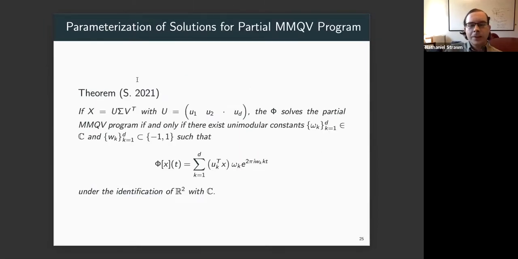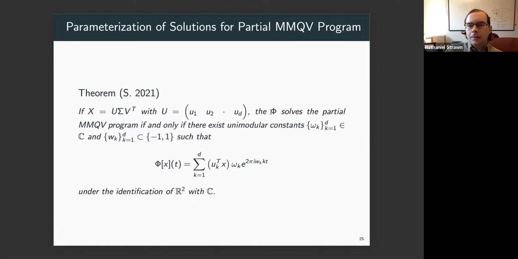So here's the theorem that you can say. We'll let x have this singular value decomposition. So x is equal to u sigma v transpose, standard singular value decomposition, where u is this system of columns, u1 through ud.